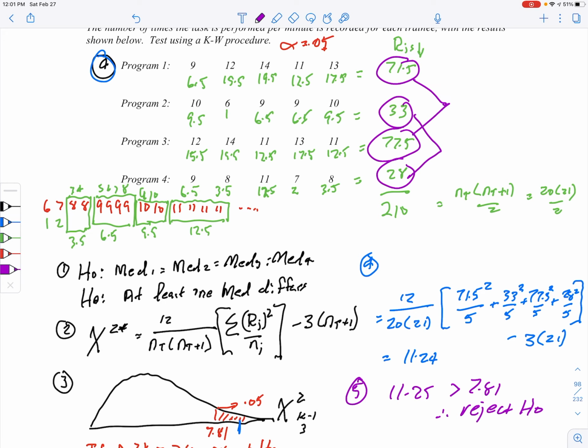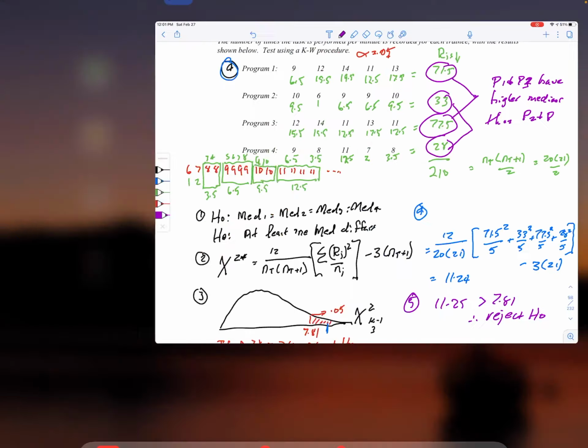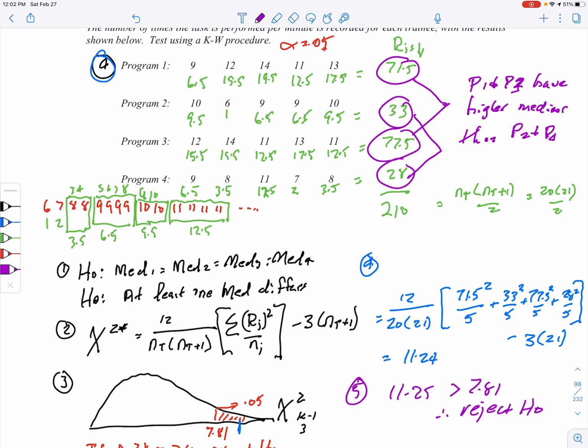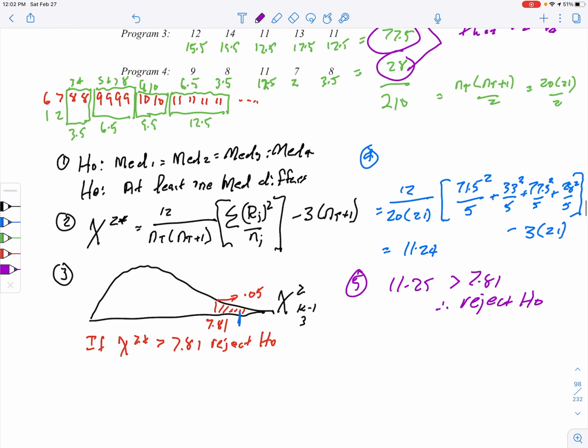And so I would say, in terms of just describing the relationship here then, that program 1 and 3 have higher medians than program 2 and program 4.